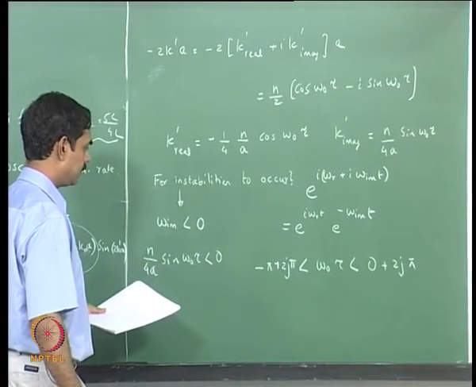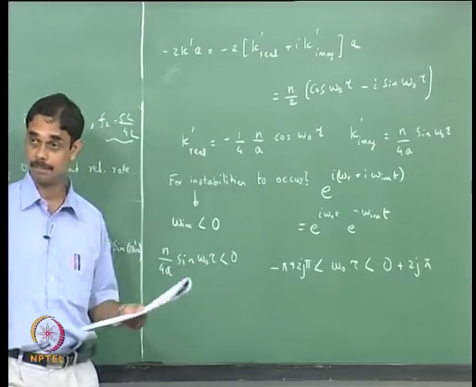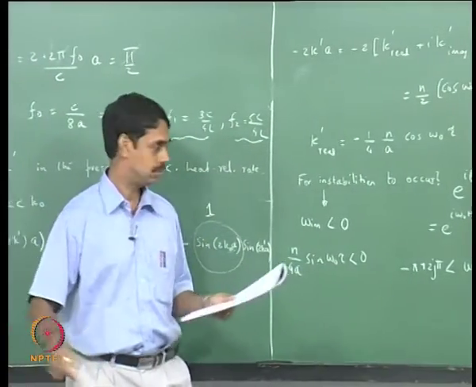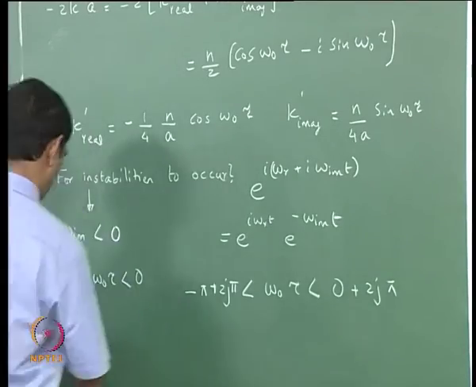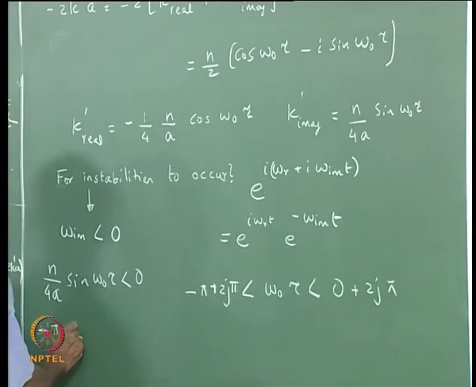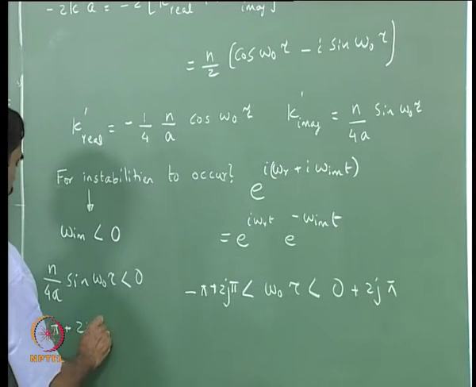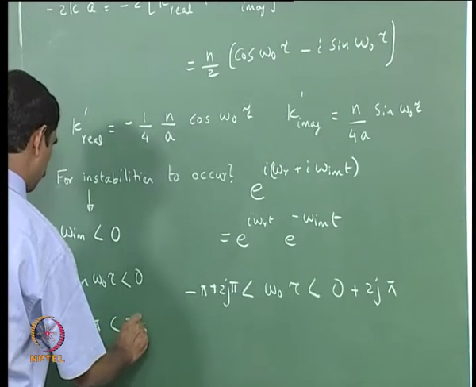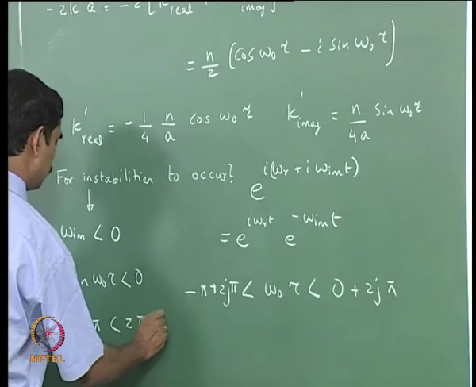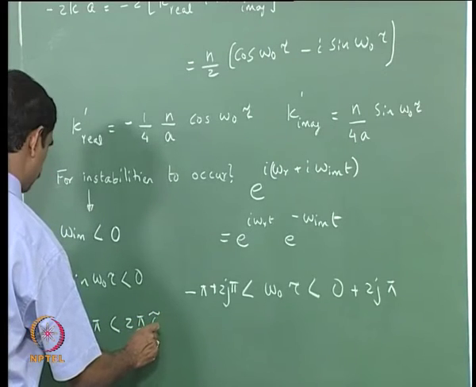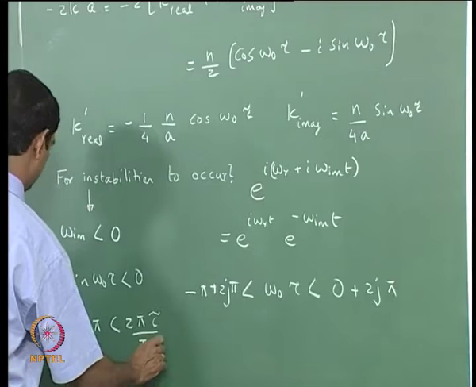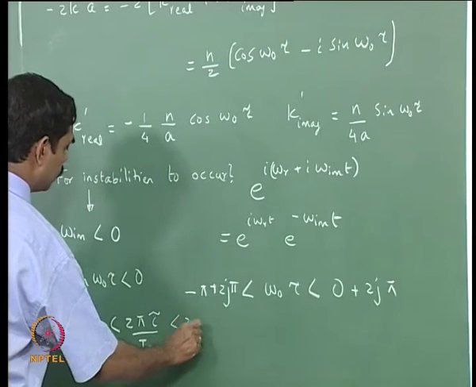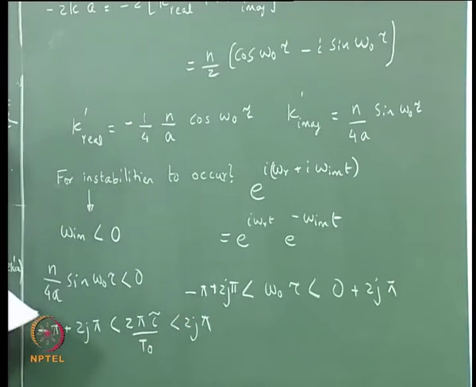I can rewrite omega in terms of time period, so that you can get a ratio of tau over T. So, you can multiply by tau naught and remove 2 pi, you will get this.